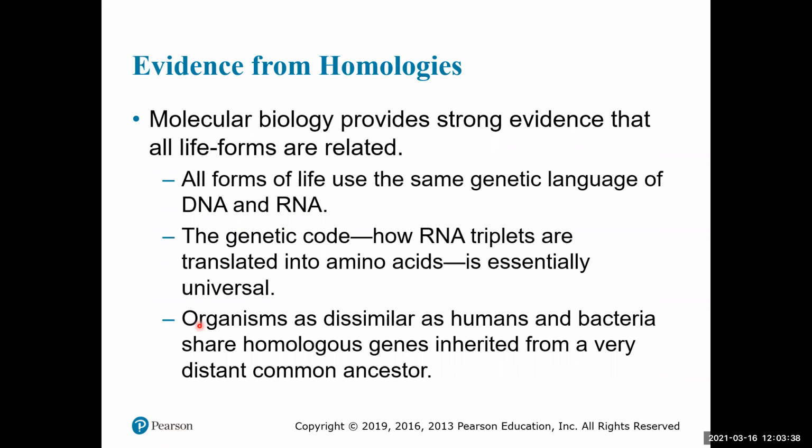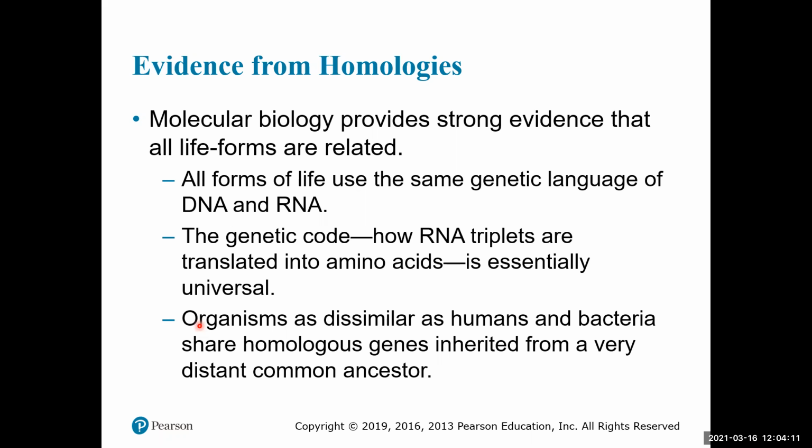And so what molecular biology does is it provides this really strong evidence that all life forms on Earth are related and can be traced back to a single common ancestor, because all organisms use DNA and RNA as their genetic language and their genetic code. Like we mentioned in the DNA chapter, the RNA triplets are used universally.